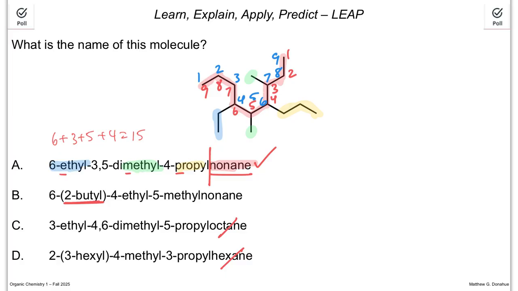So the ethyl would be at 4. Then we would have the dimethyl at 5 and 7. And then the propyl at 6. So that would give you, is that 22?